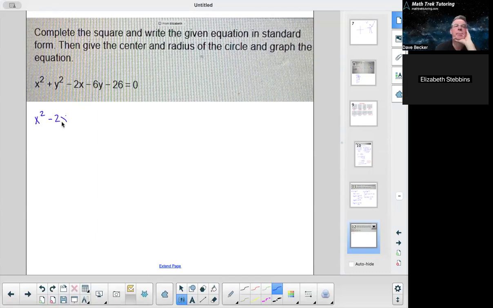Okay, so I'm going to leave a space to add something to the x. I'm getting the x's together and then the y's. And I'm going to add something to the y and I'm going to move that 26 over. Then off to the side, I'm going to do my little work, or I can do it in my head.